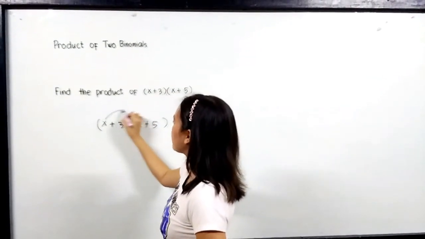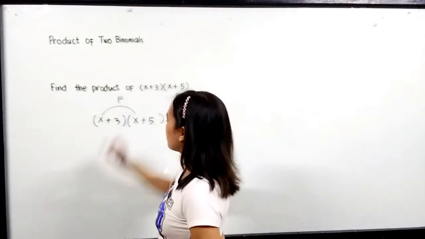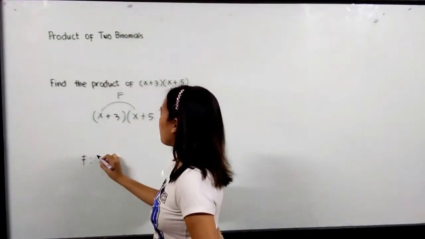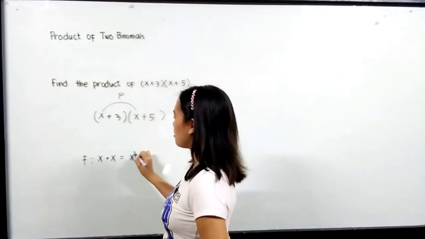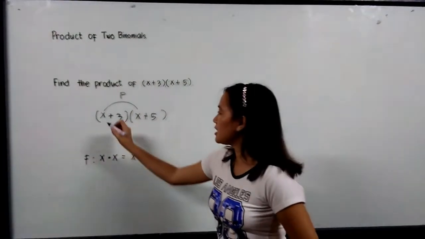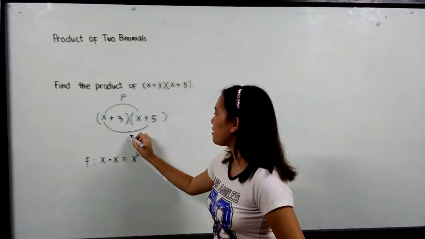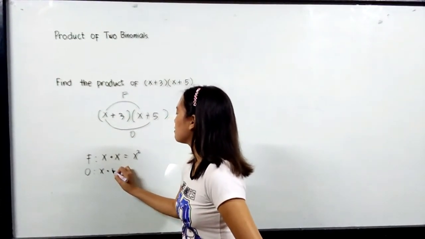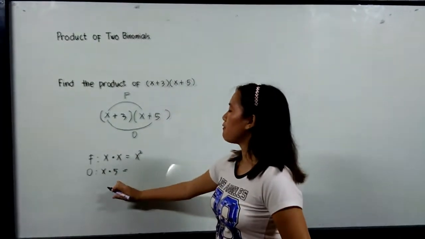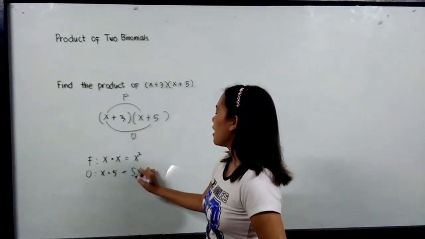Our first terms are x and x, so x times x is x squared. Our outside terms are x and 5, so x times 5 is 5x.